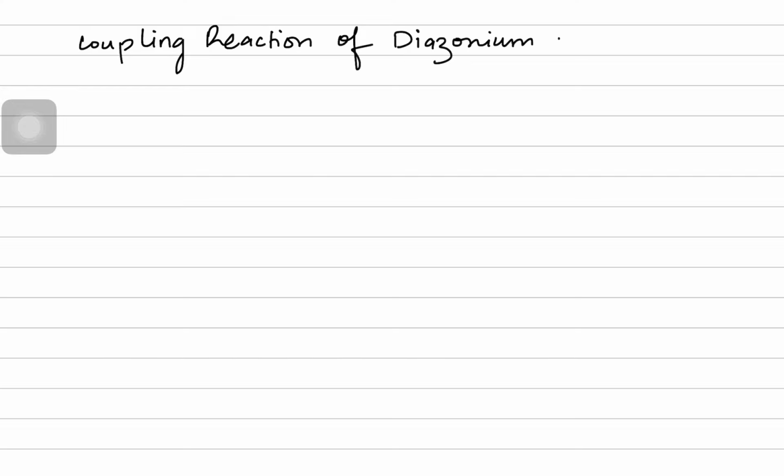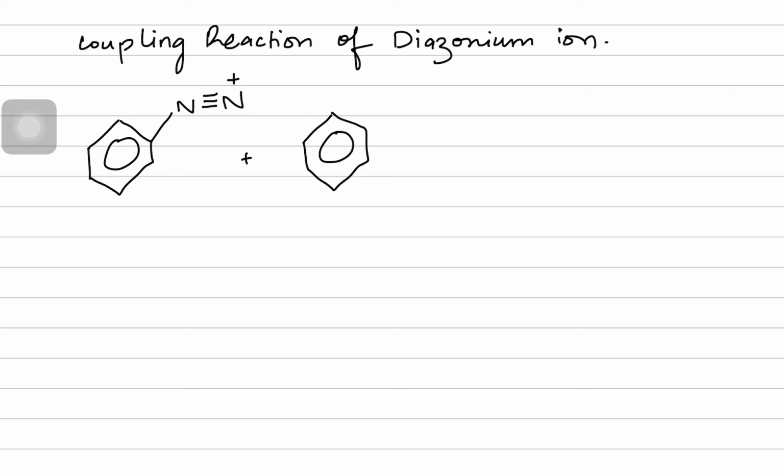Lastly, let's talk about the coupling reaction of diazonium ion. When we talk about phenylamine, which has the capacity to make diazonium chloride, the diazonium ion has a positive charge on the nitrogen atom within the diazo group. And obviously, it is going to need electrons, which can be donated by any nucleophile.